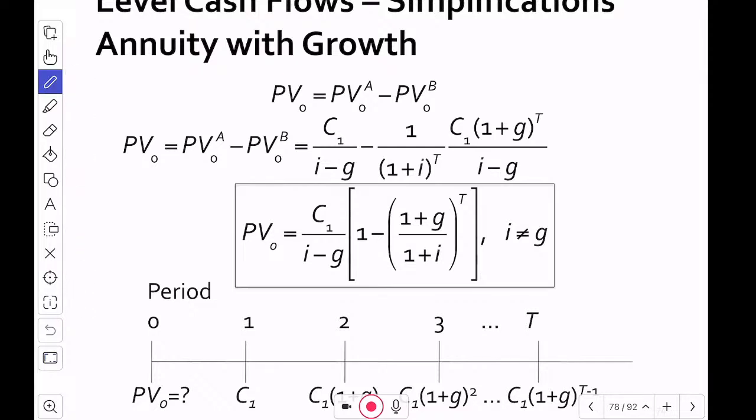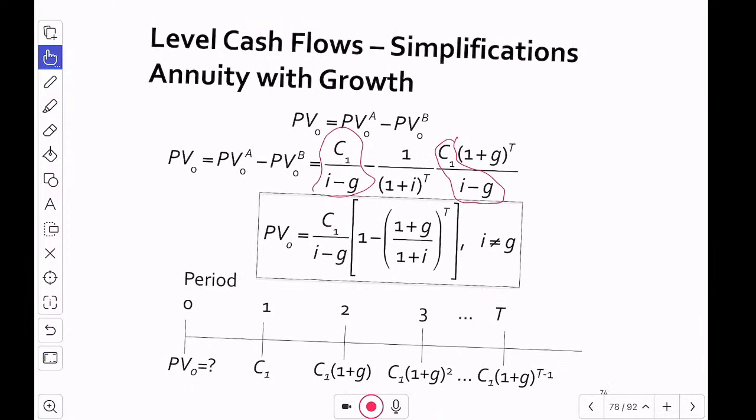I factor out this and this, and I get 1 from this, and this leaves these amounts here. And then I make a point that we'll discuss in a moment. So this is the annuity with growth formula, or growing annuity formula, and it corresponds to this timeline.